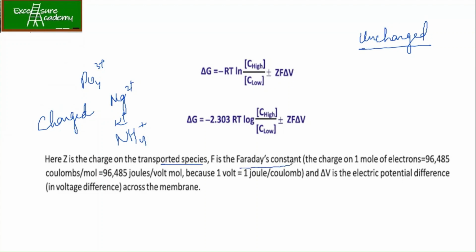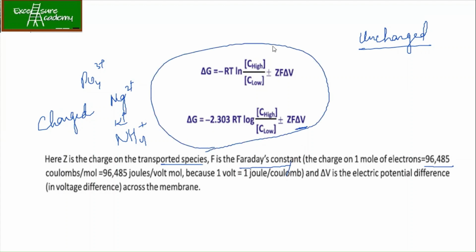F is the Faraday's constant, which is 96485. And delta V is the electric potential difference across the membrane. The equation we just learned gets modified when you have a charged species. Plus or minus: plus if you have cations, minus if you have anions. Simple. This is another important point which you have to remember.